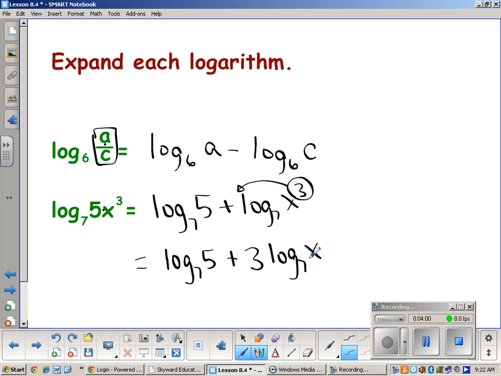Okay? So now, expanded completely, we get log base 7 of 5 plus 3 times log base 7 of x. That's correct. Any other questions on that one?